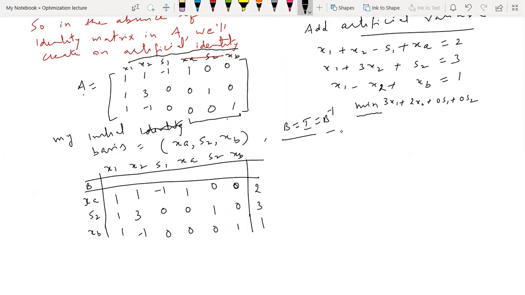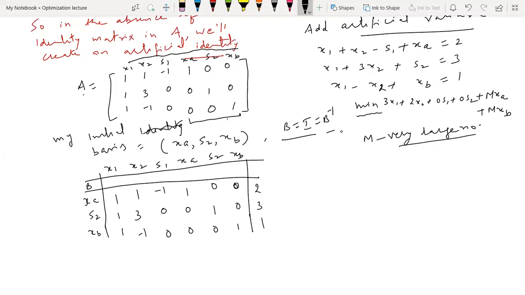Since I want my variables to leave the basis, I am going to give them a very high penalty. So I give them a very high cost, Mxa and Mxb, where M is a very large number.